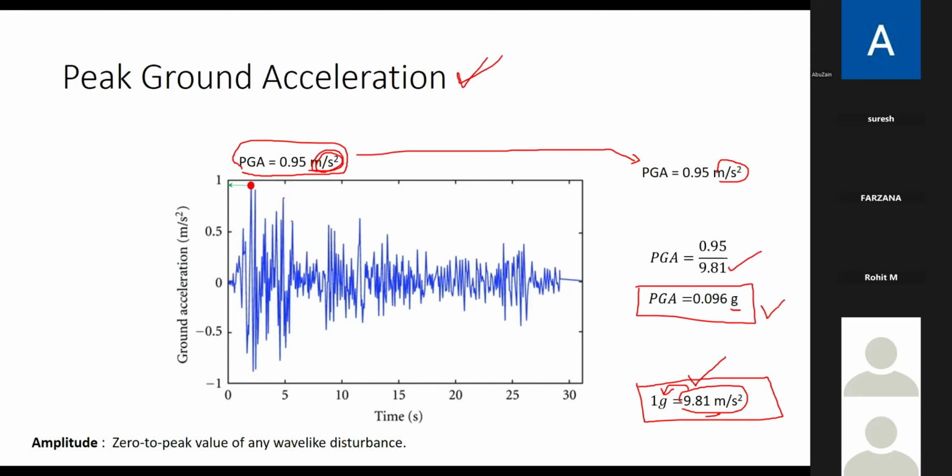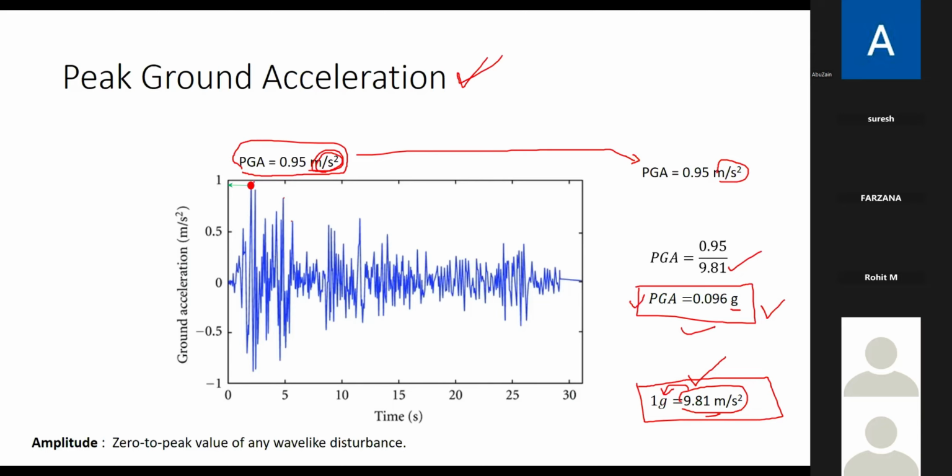Now it's very famous. Whenever an earthquake comes on TV, they will say Richter scale is 6, Richter scale is 5.5. That is okay from the news TV point of view. Whenever engineers talk, they jump to the PGA point of view. Our code books talk in terms of PGA.